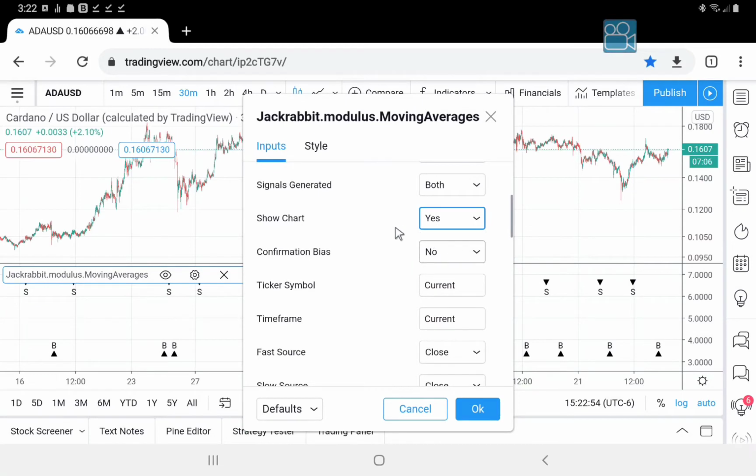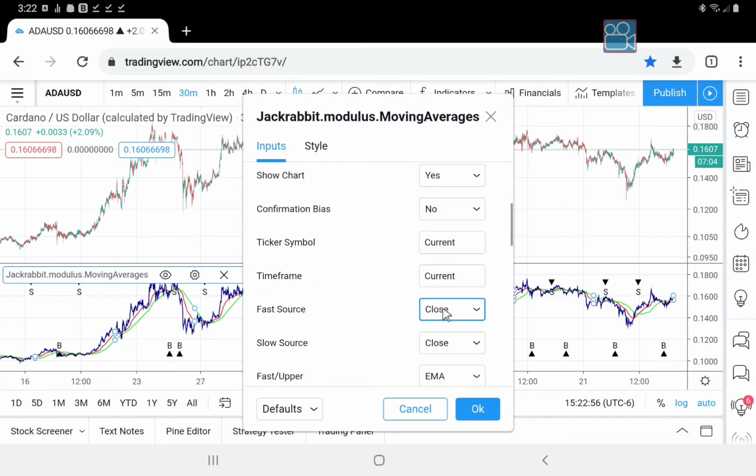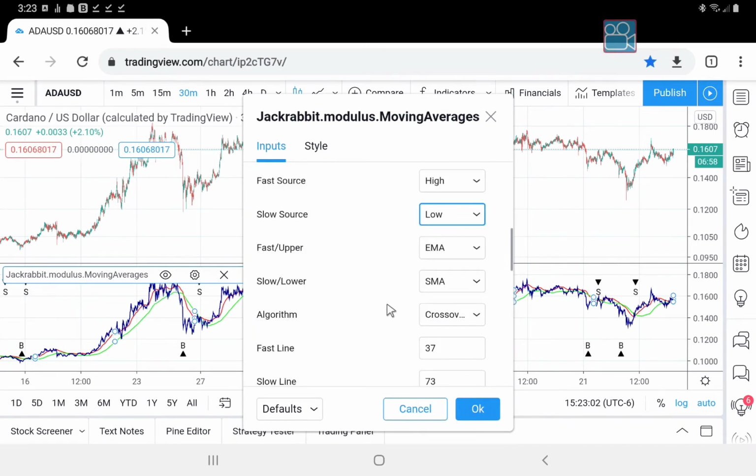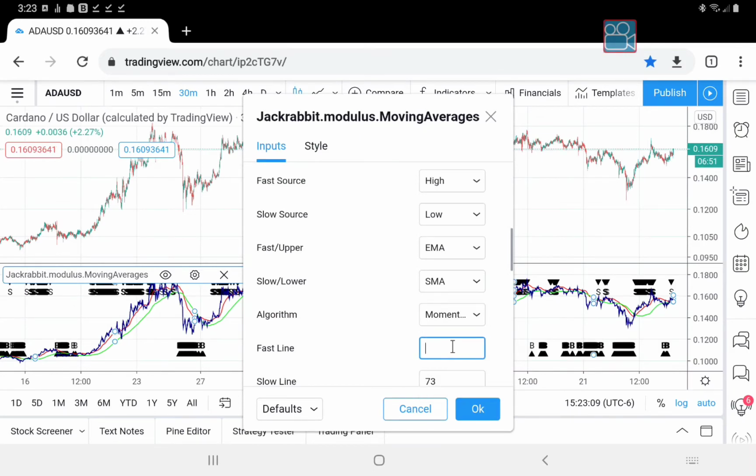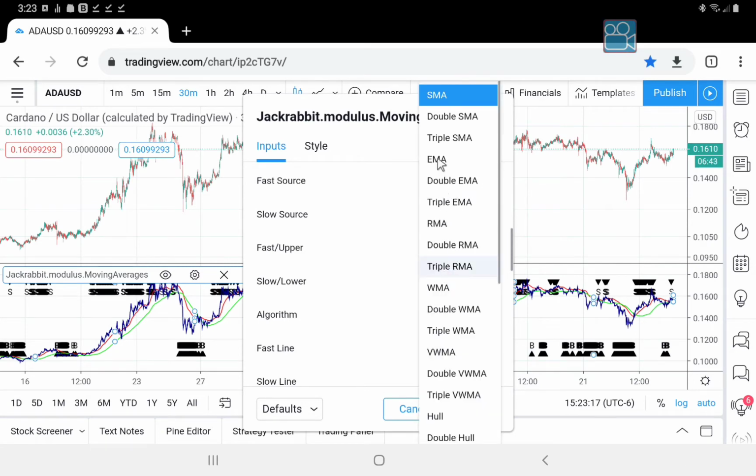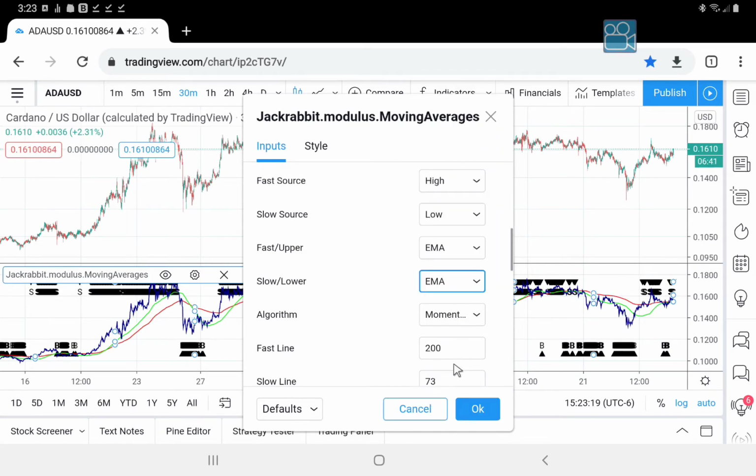Show the chart. I always prefer a split channel momentum. And I'm going to set this to a very basic 200 EMA. So a 200 EMA momentum.